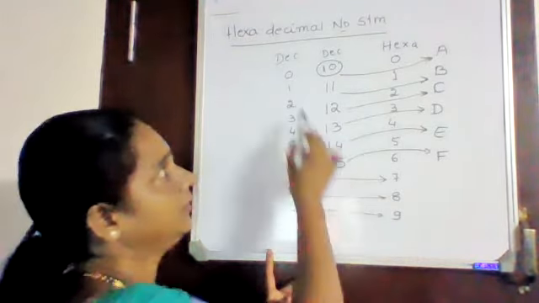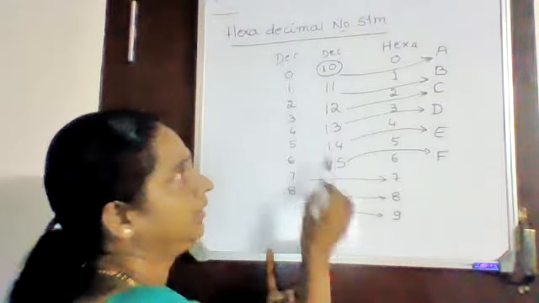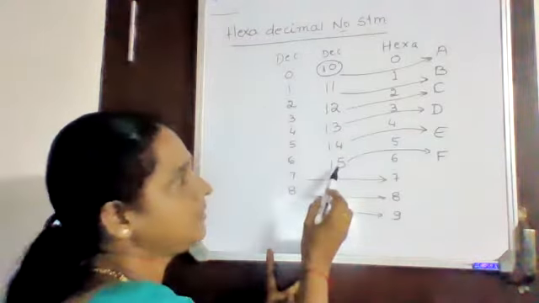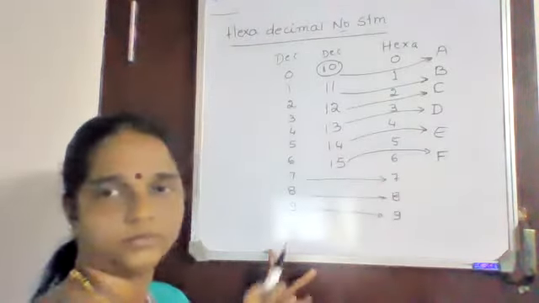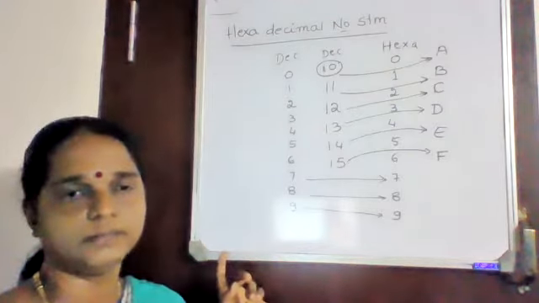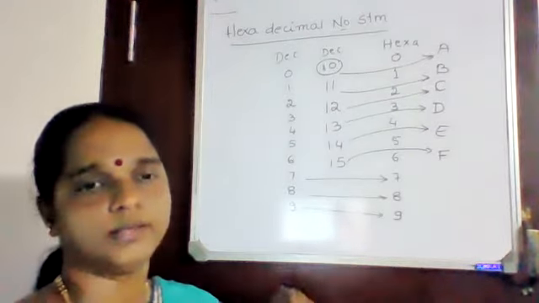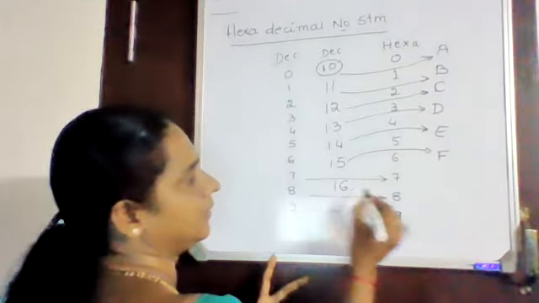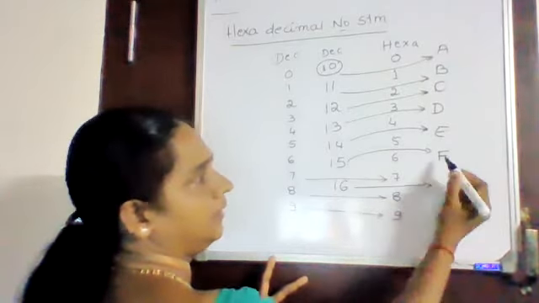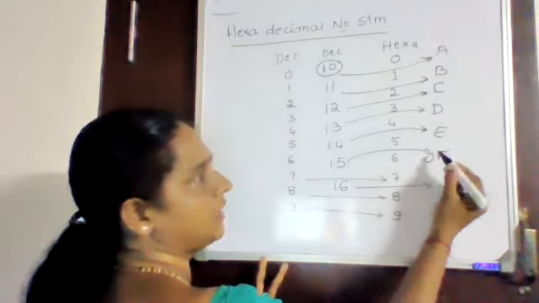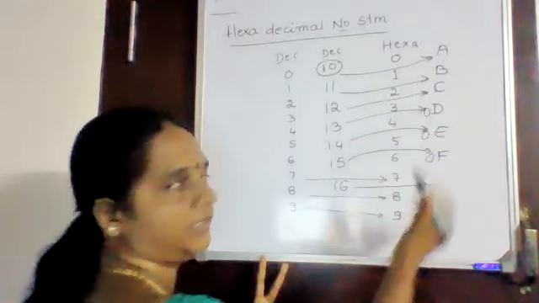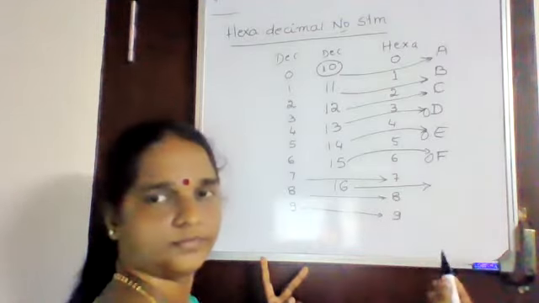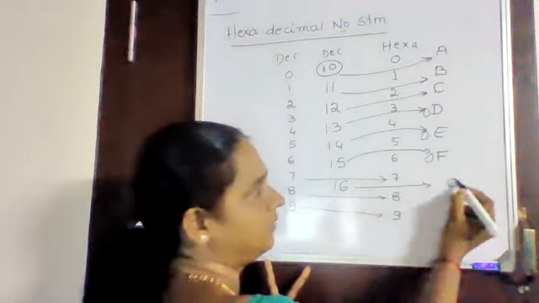From 0 to 15, including 0, the total numbers are 16. So up to 15, we know how to write the hexadecimal numbers. After 15, how to write 16? That is decimal 16. After F, we have to go back to 0.